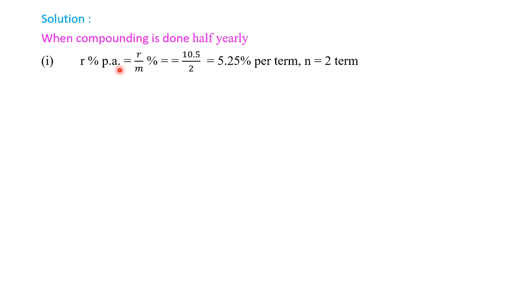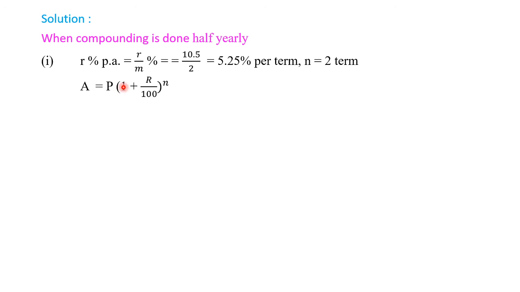R percent per annum is equal to R by m and is equal to 10.5 divided by 2. Here we take m is equal to 2 because compounding is half yearly. 10.5 divided by 2 is equal to 5.25% per term and n is equal to 2 terms.